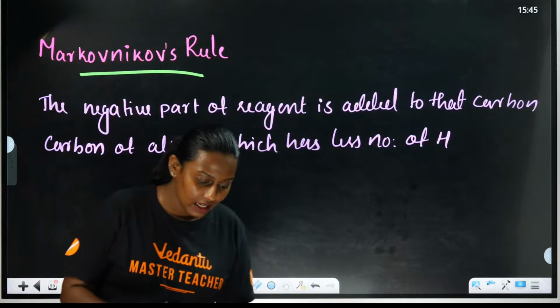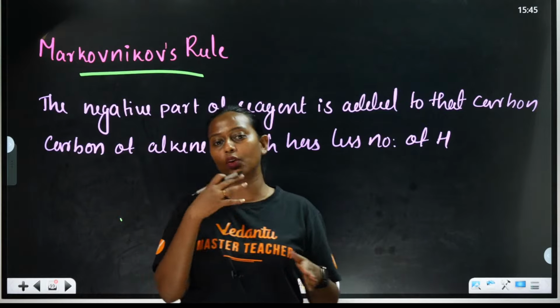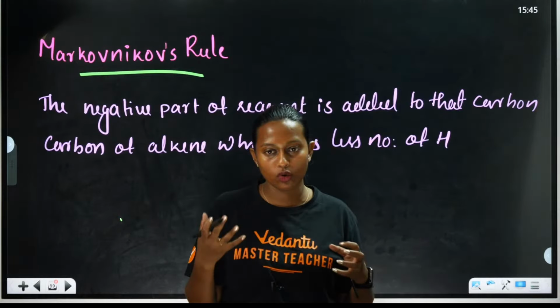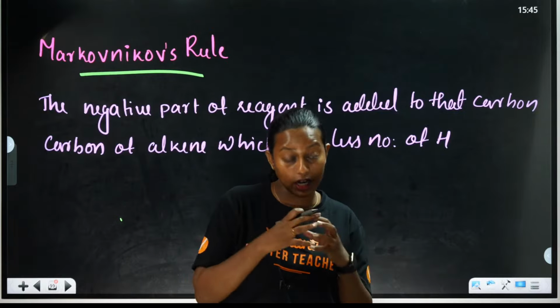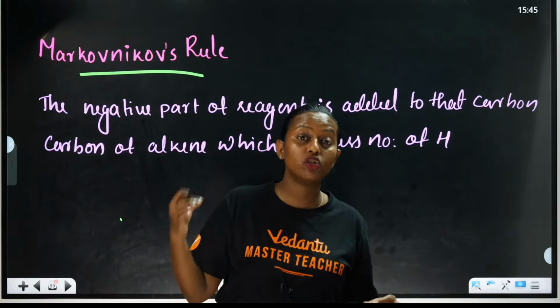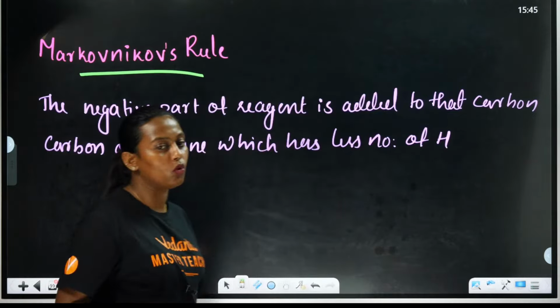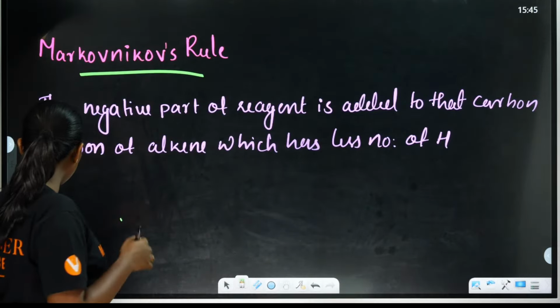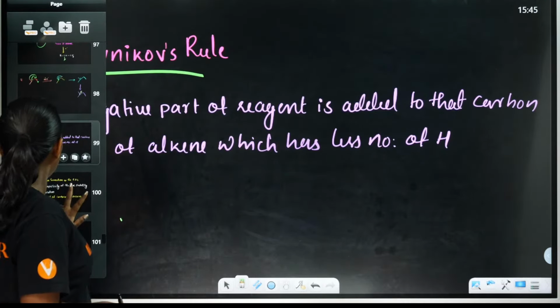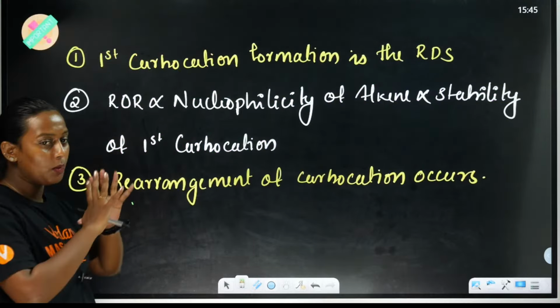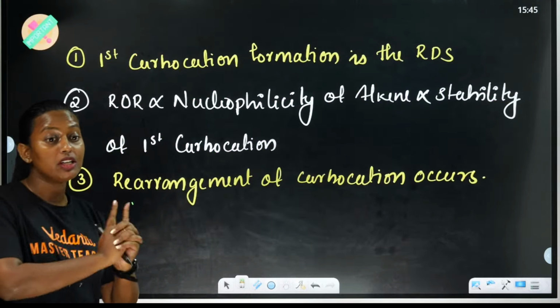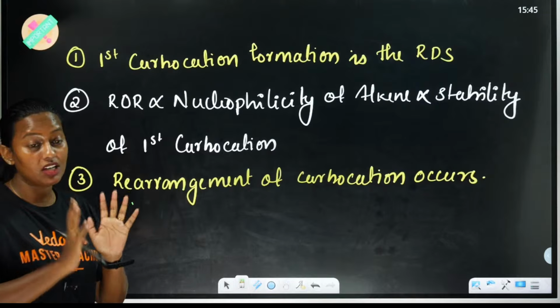Or I can say that the hydrogen will go to the carbon which contains more number of hydrogens. That is Markownikov rule. Then here we are discussing some important points from this reaction.